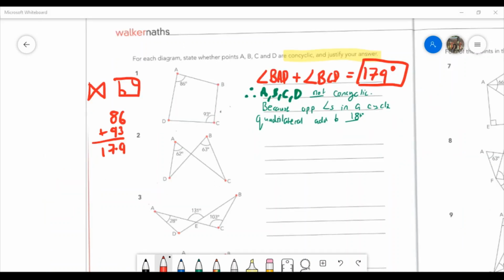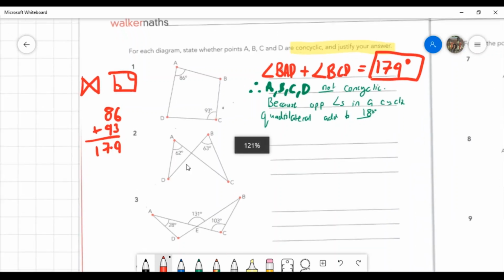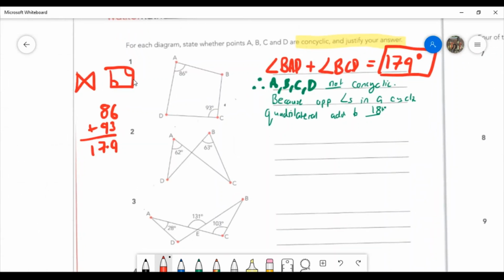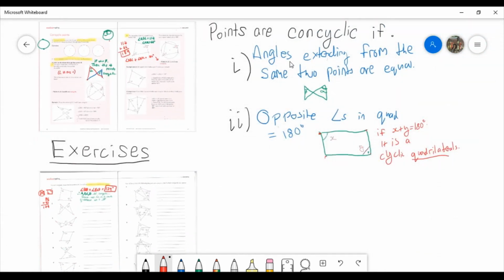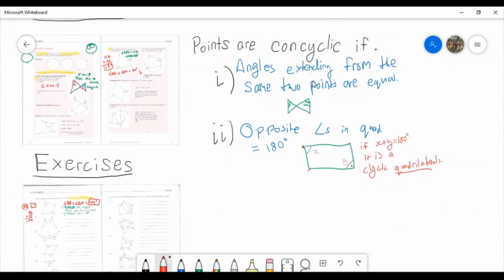Okay, let's try this last figure. What shape does it more resemble, the left or the right one? The left one, okay. So what rule do we have to use here? We have to use the rule that says points are concyclic if angles extending from the same 2 points are equal. Another way of saying this is that if angles on the same arc are equal. This is what an arc is, that part there.